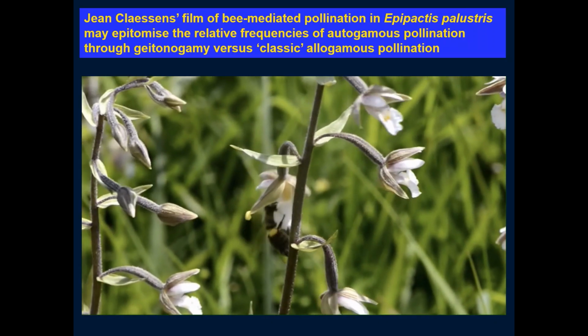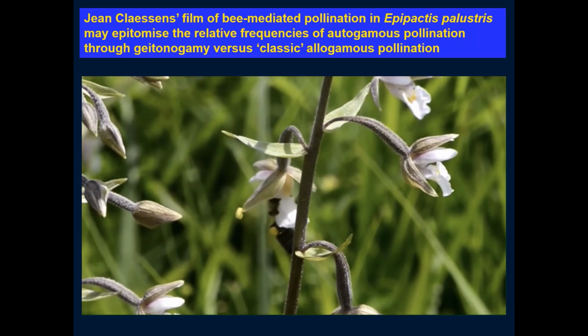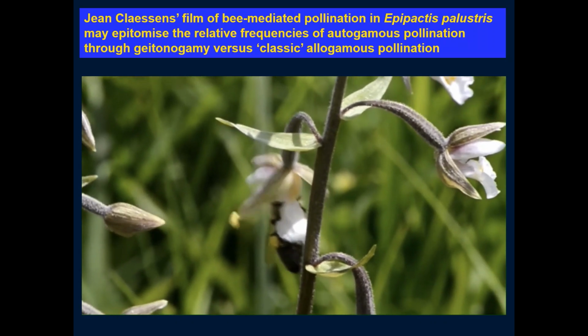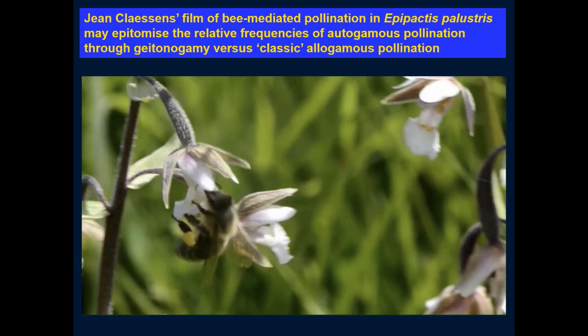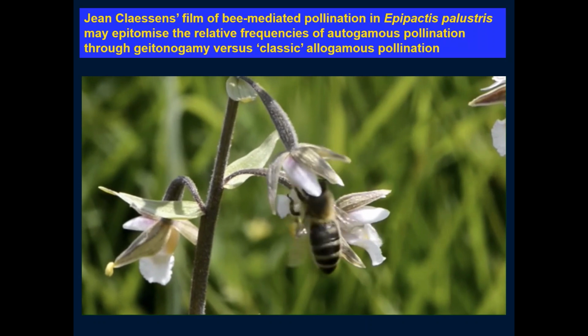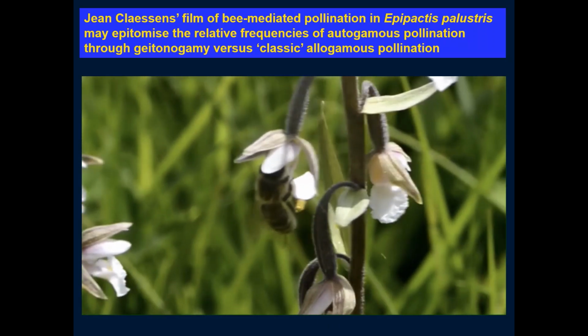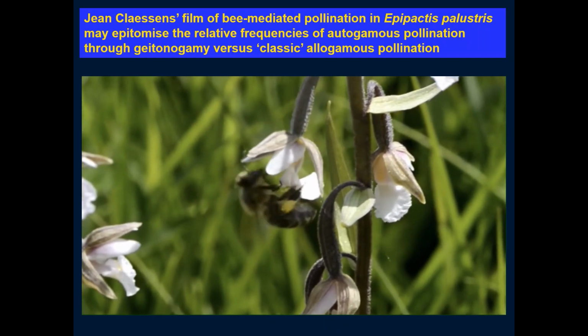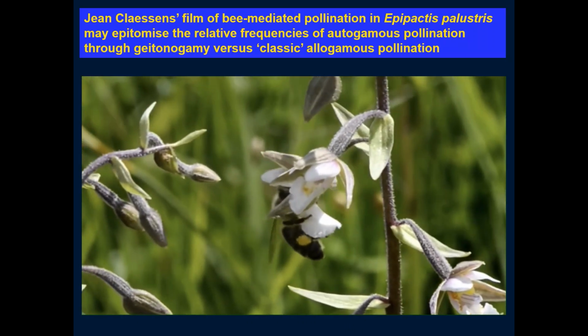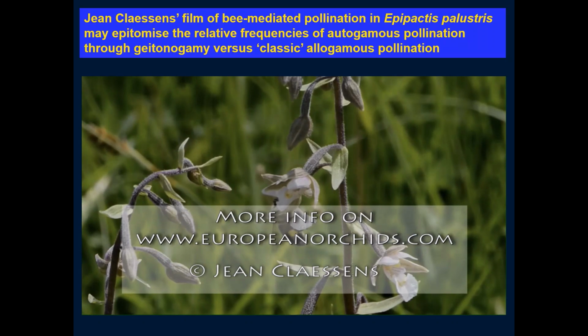See how it visited several flowers on the same spike before finally jumping across to an immediately adjacent spike. And these spikes are probably from the same genetically identical individual anyway, because Epipactis palustris is rhizomatous. So the bulk of the visits that this insect is paying are to different flowers on the same inflorescence. And of course, all the flowers on a single inflorescence are genetically identical.